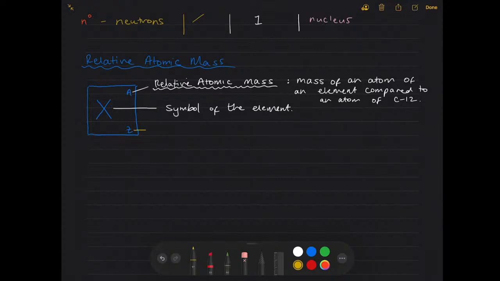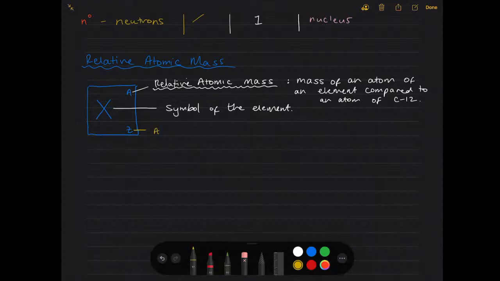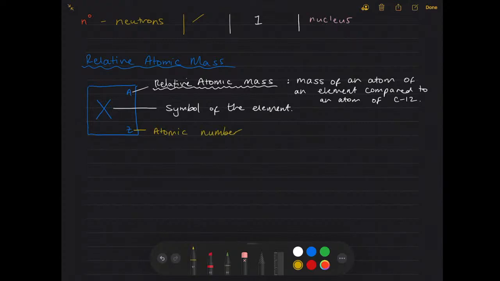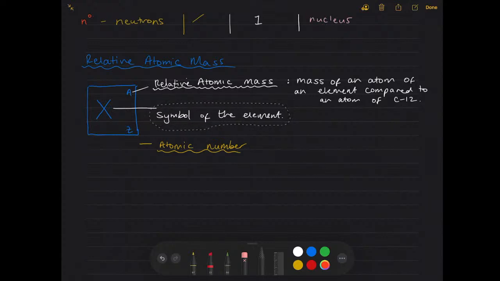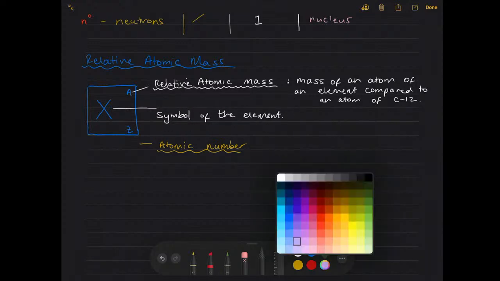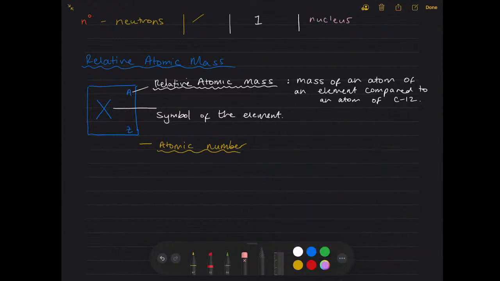And then the smaller number tends to be what we call the atomic number. Now, just to break this down a little bit further, there's the bit we're actually interested in, is how does this relate? There's a very easy way for you to memorize which one's which.